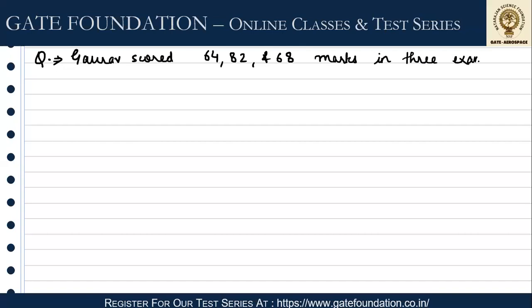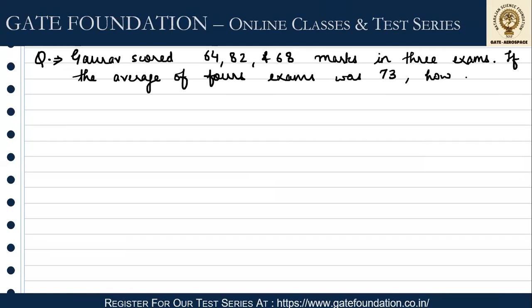If the average of 4 exams was 73, how much did he score in the fourth exam? We are supposed to find it out. This is a pretty simple question. Try to solve this up.